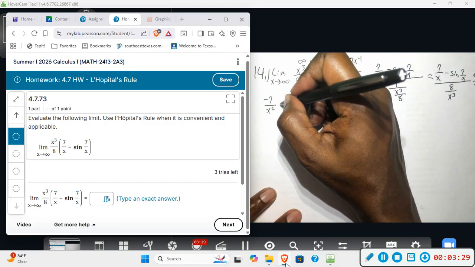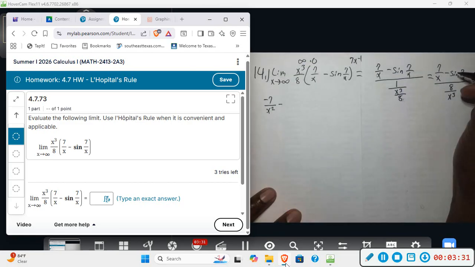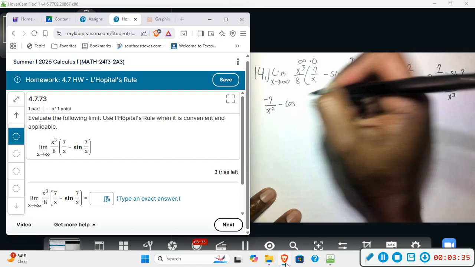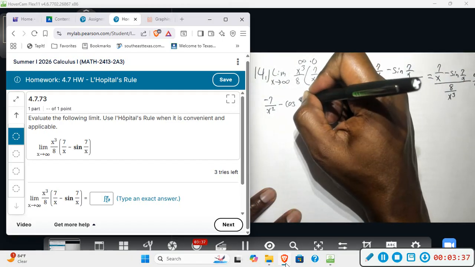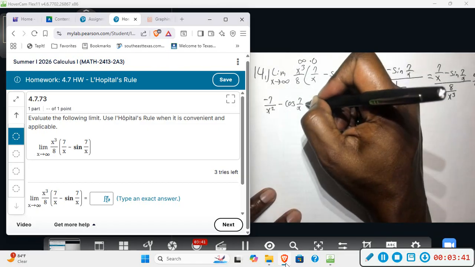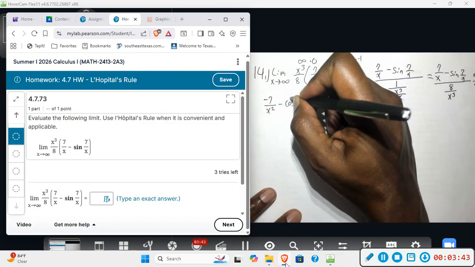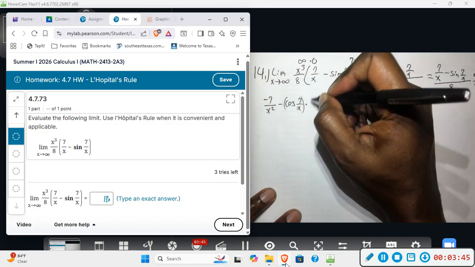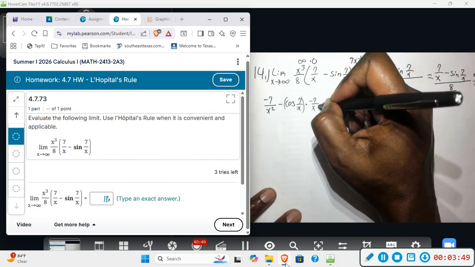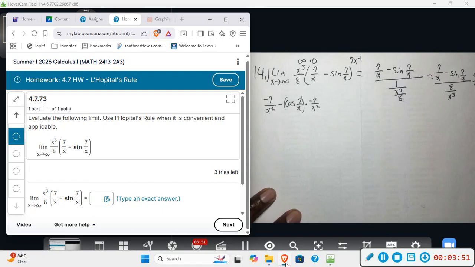And then minus derivative of sine is cosine of the argument. And then derivative of this, which we've just done, is going to be times a negative 7 over x squared.